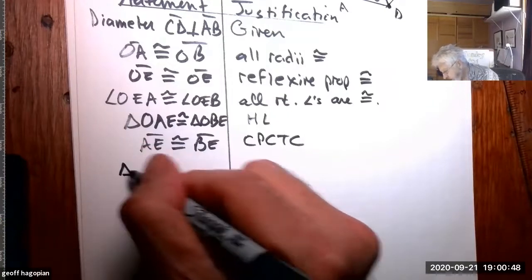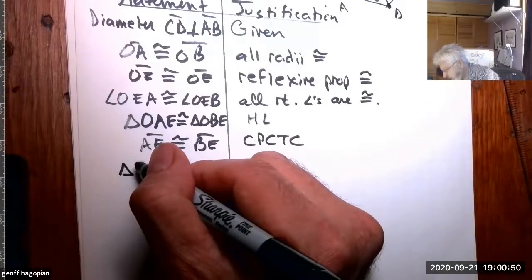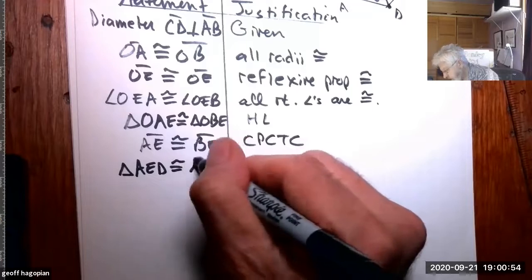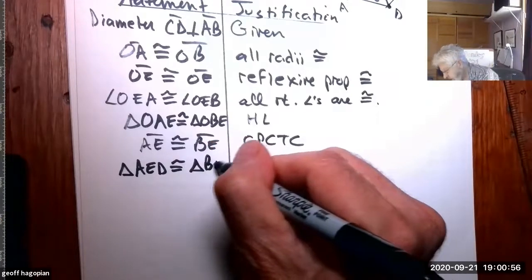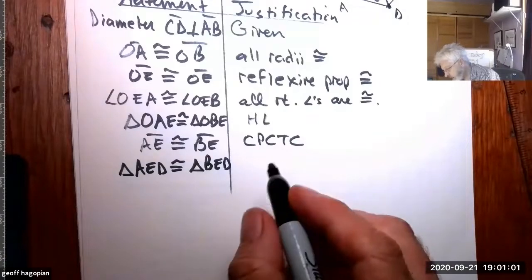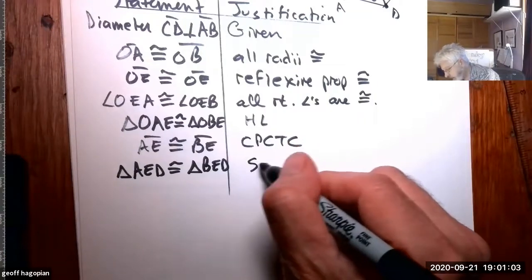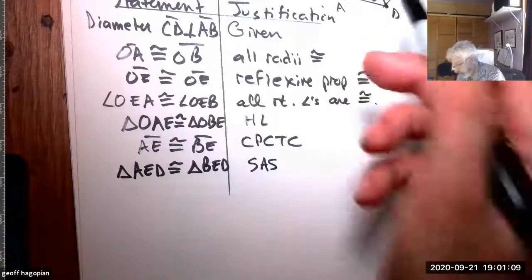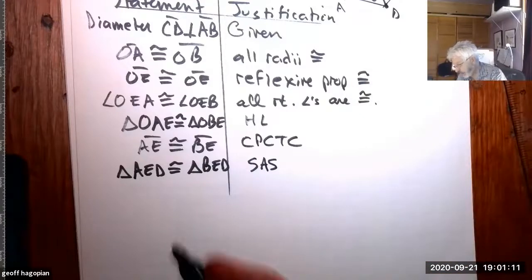Say triangle AED is congruent to triangle BED, and that's because angle side angle. Sorry, side angle side. Right. And I didn't say ED is congruent to itself as a separate statement, but I think it's pretty clear.